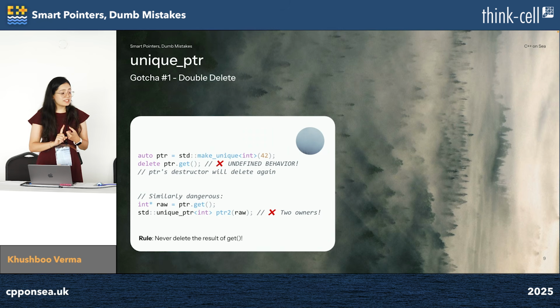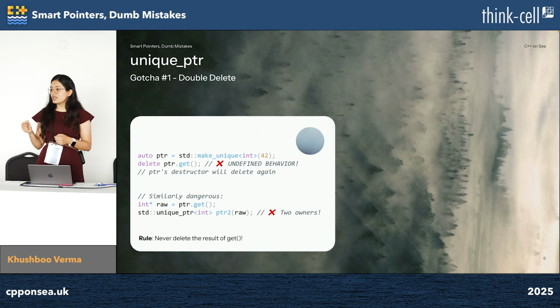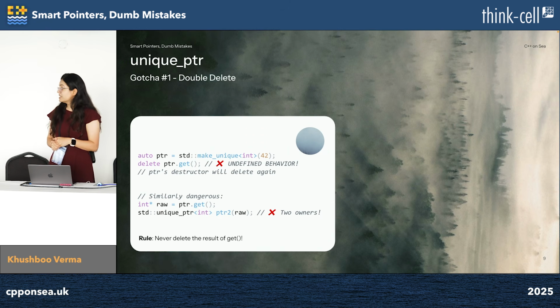So only use get when you're trying to pass raw pointers to functions. Do not try to use them in conjunction with unique pointers. Please ensure it is not trying to delete memory multiple times. It is only deleting it once.